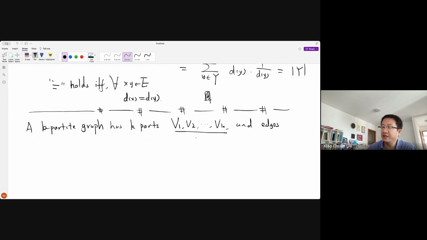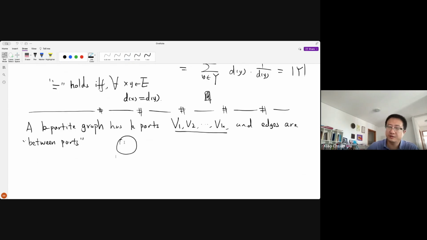So V will be the union of all these parts, and all edges of the graph are between parts, which means that there's no edge inside any part.